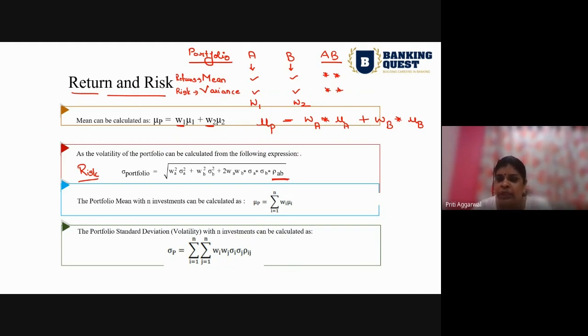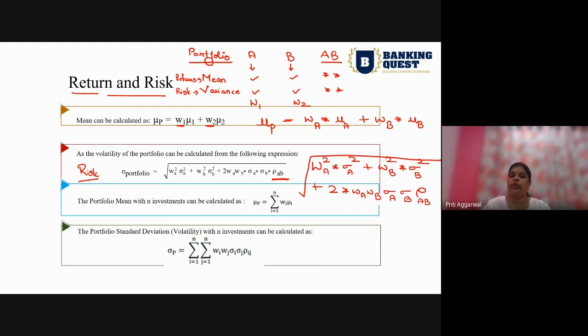So if given to me is the weight of A security is WA and the weight of B security is WB, then the risk of my portfolio will be written as WA square into variance of A square plus WB square into variance of B square plus 2 into WA, WB, standard deviation of A, standard deviation of B into your correlation coefficient of A and B, right? The entire thing under a square root. You will do a square root of this formula.